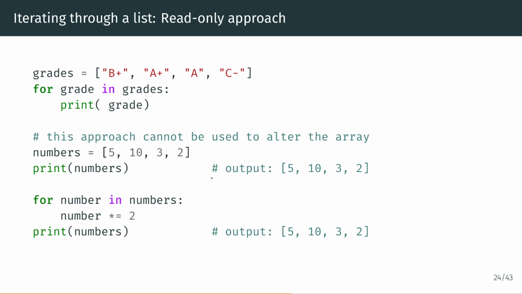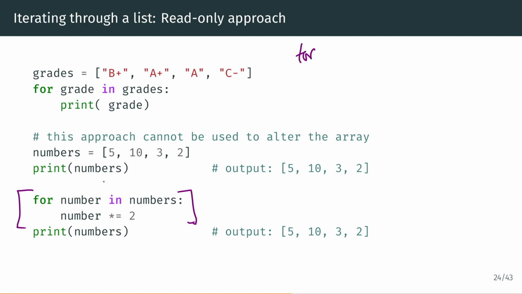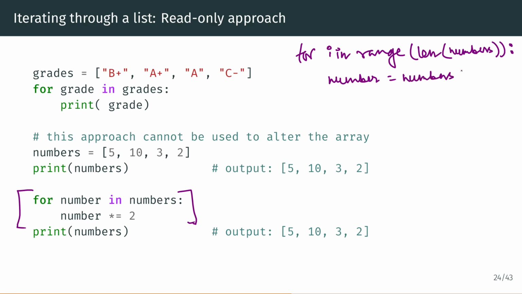So if I were to make this code equivalent to the previous approach, what I would write is this: for i in range len of numbers, I'd say number equals numbers[i], and then we say number star equals 2.